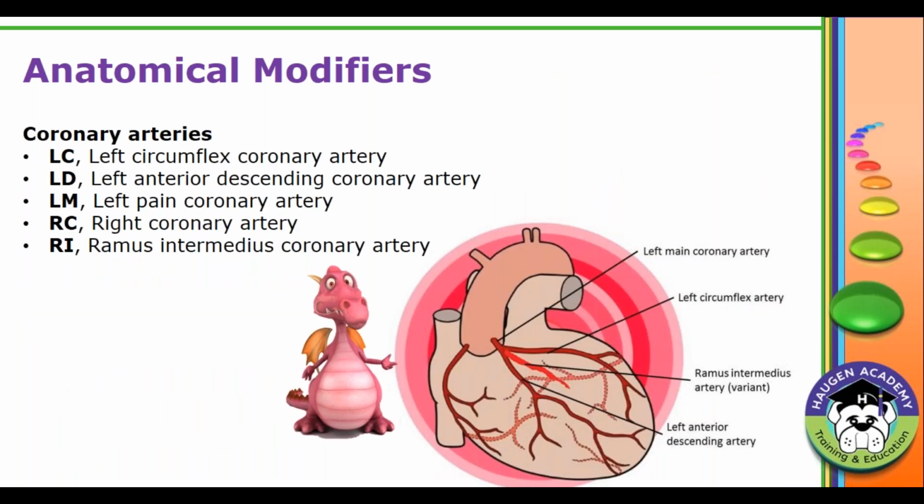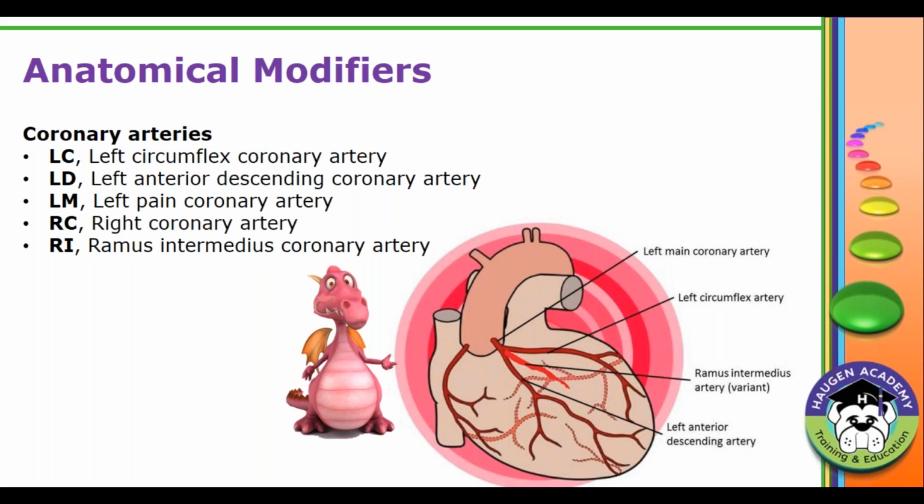Coronary artery modifiers are additional anatomical modifiers, LC, LD, LM, RC, and RI. And these should be added anytime you have a code that indicates per vessel. It's something that I see quite frequently added to the PCI codes, the percutaneous coronary intervention codes.